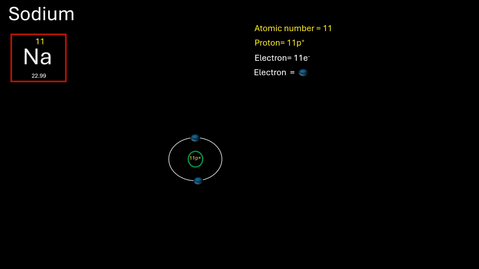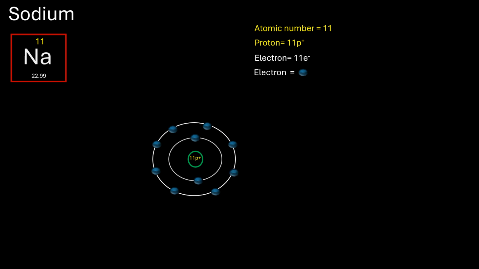Because we need to have 11 electrons, we need to bring one more energy level. And if you remember from previous presentation, the second energy level can have a maximum number of 8 electrons. So let's fill the second energy level with the maximum number of electrons.